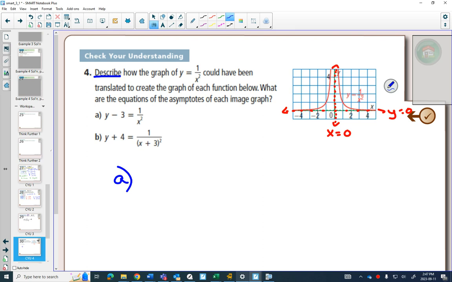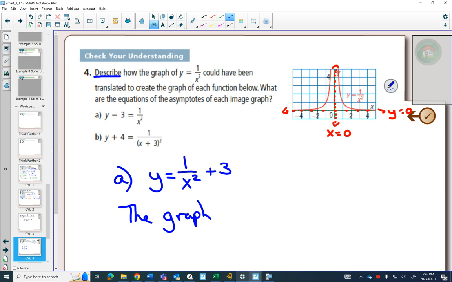Well, first of all, if I was doing part A, I might, as a first step, move the 3 over to the other side. Because all the questions we've been doing so far, we've always had y equals. This just makes it a little bit easier. And here's our description. What does that plus 3 do?